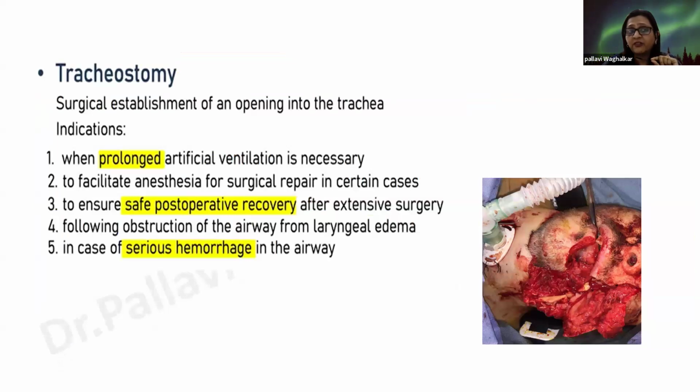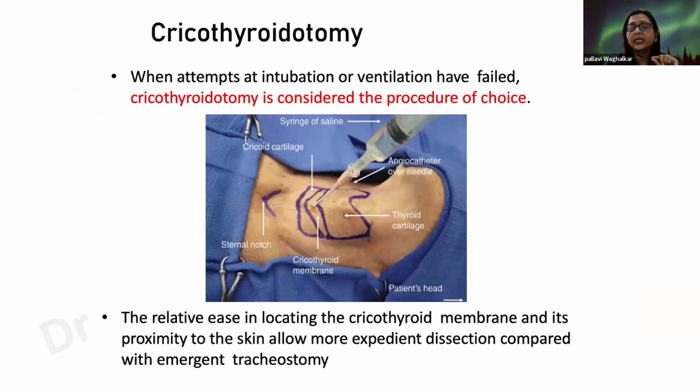Tracheostomy, as part of definitive airway management, is required whenever we anticipate that the patient might require prolonged artificial ventilation, or when we have to give anesthesia for extensive surgical repair in certain cases. In post-op patients, when there is extensive surgery, we anticipate edema, and for safe recovery we might have to go ahead with tracheostomy. Also, following airway obstruction with laryngeal edema, or if there is severe hemorrhage in the airway, tracheostomy should be planned.